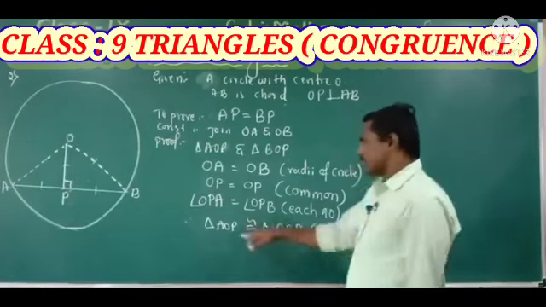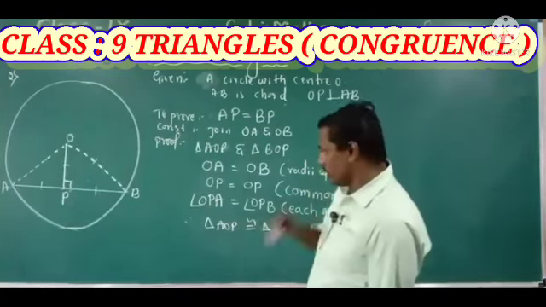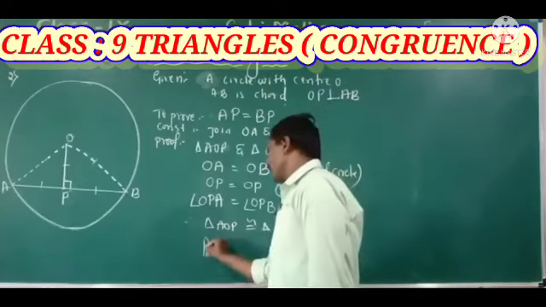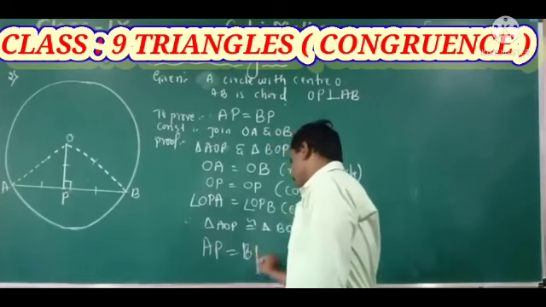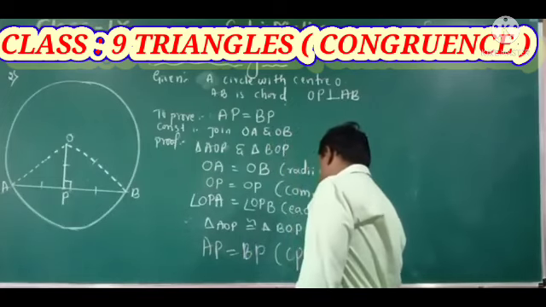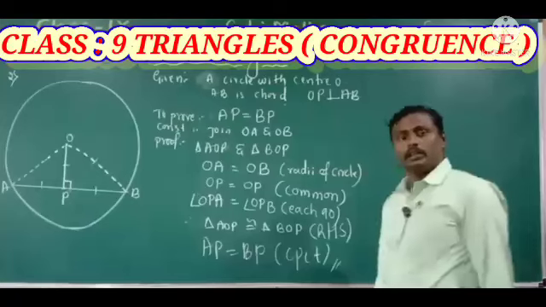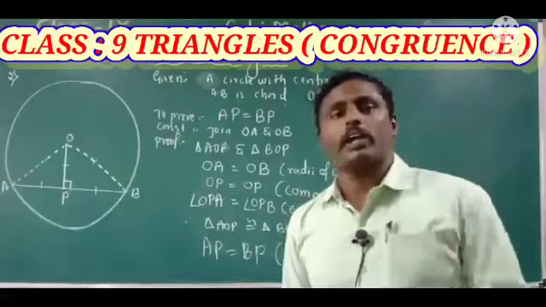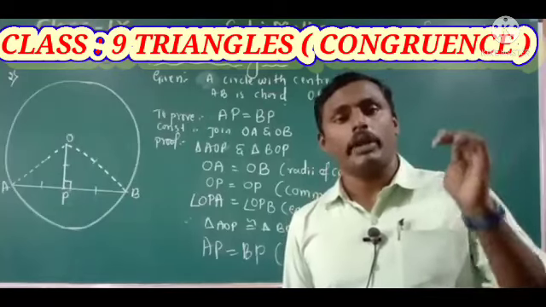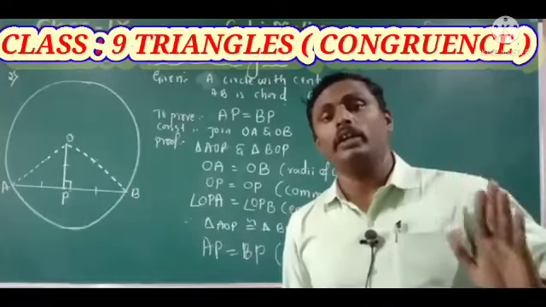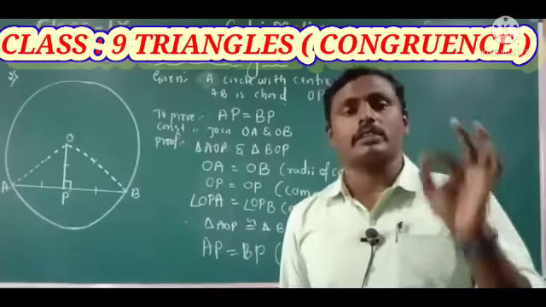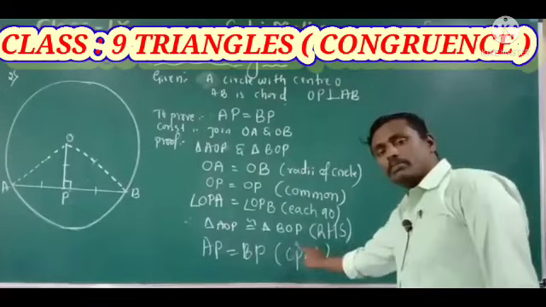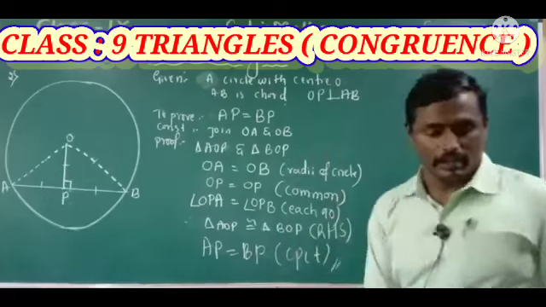From the RHS criteria, these two triangles are equal, so the remaining angles and sides are equal. Therefore, AP is equal to BP by CPCT. Once we prove that two triangles are equal, the remaining sides and angles are equal by CPCT, corresponding parts of congruent triangles.